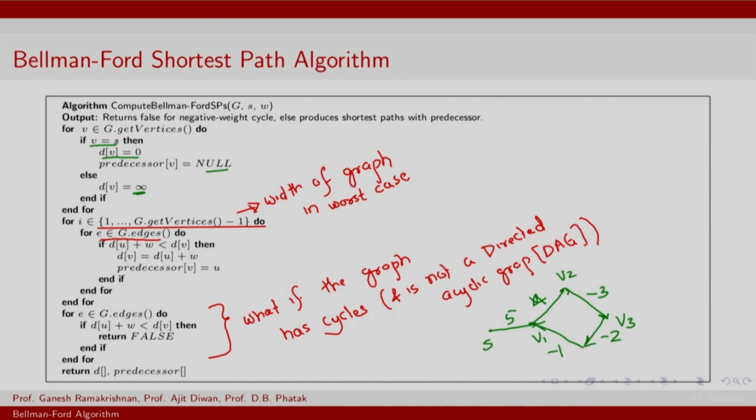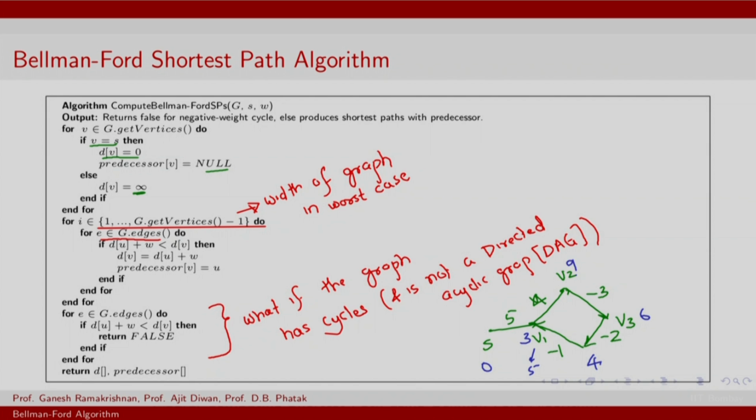Now as you update the weights originating with S, 0, V1 is 5, V2 is 9, V3 is 6, and then you have 4, and then you have minus 1, 3.